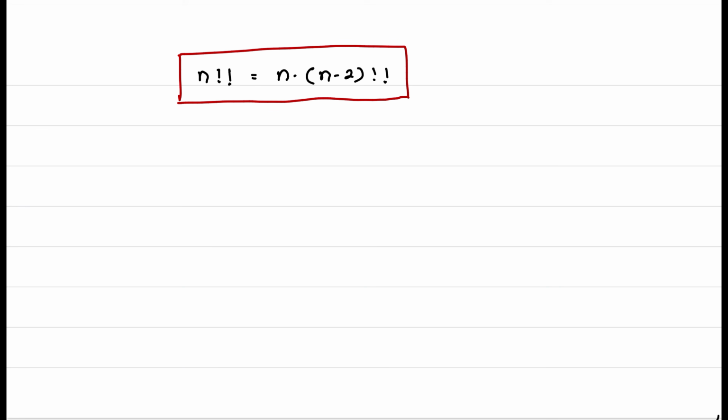And from this we get 0 double factorial is equal to 1 and minus 1 double factorial is equal to 1.